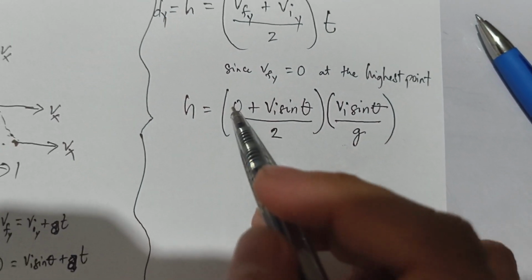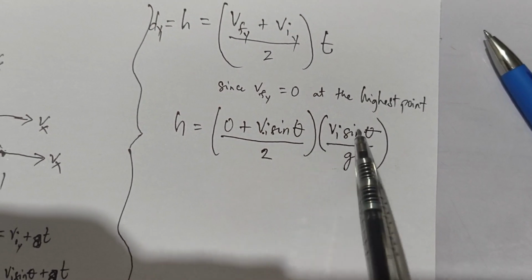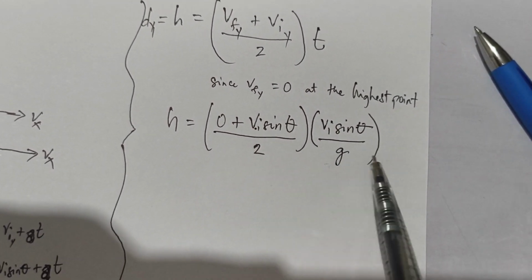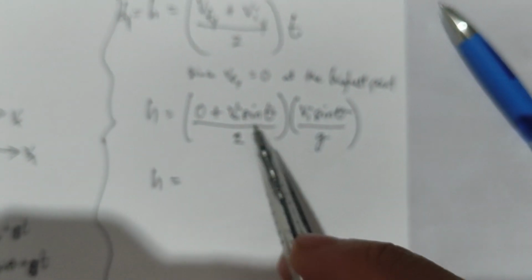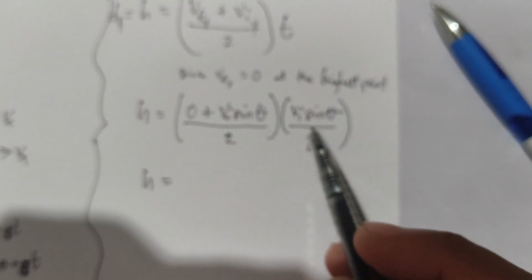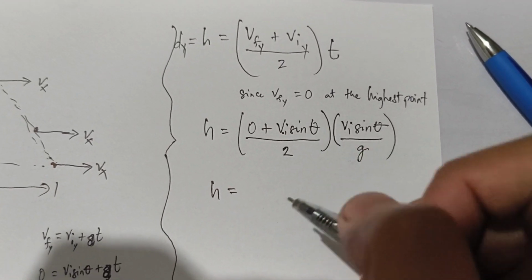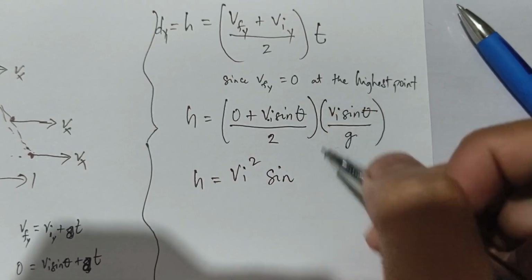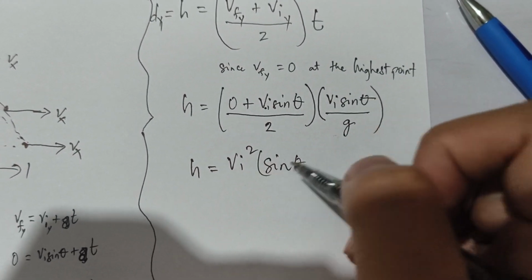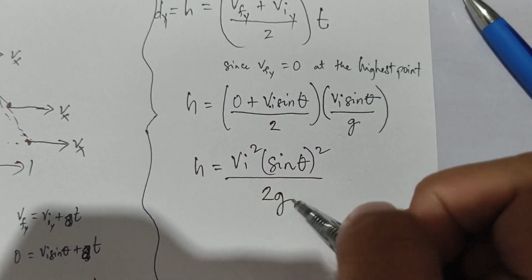Okay? So wala na to, 0 na yan. So ang minumultiply mo na lang, Vi sine theta times Vi sine theta divided by 2 times g. So we will have H is equal to Vi sine theta times Vi sine theta. Siyempre, the answer will be Vi squared sine theta squared all over 2g.